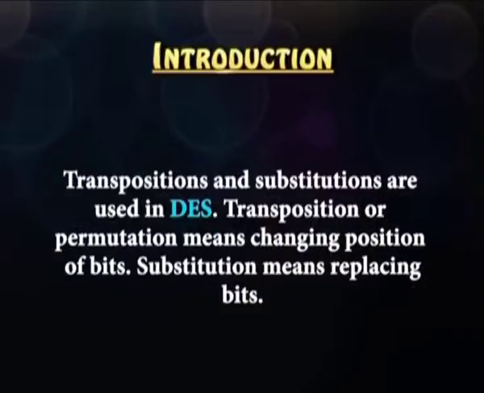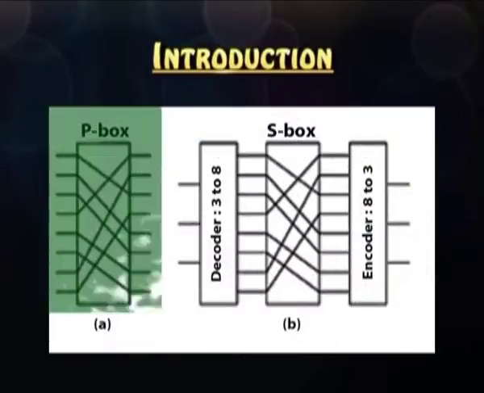Transpositions and substitutions are used in DES. Transposition, or permutation, means changing the position of bits. Substitution means replacing bits. Figure A shows a device known as a P box, which is used for transposition on an 8-bit input.